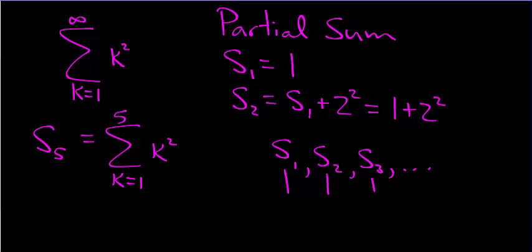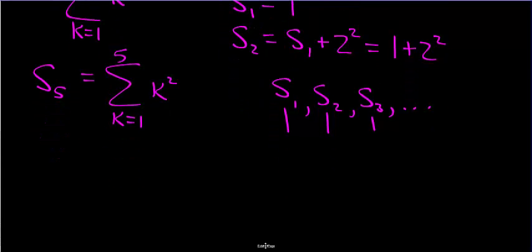Now let me illustrate what I'm talking about. Let's suppose that we have this thing, and k goes from, let's say, 0 to infinity.